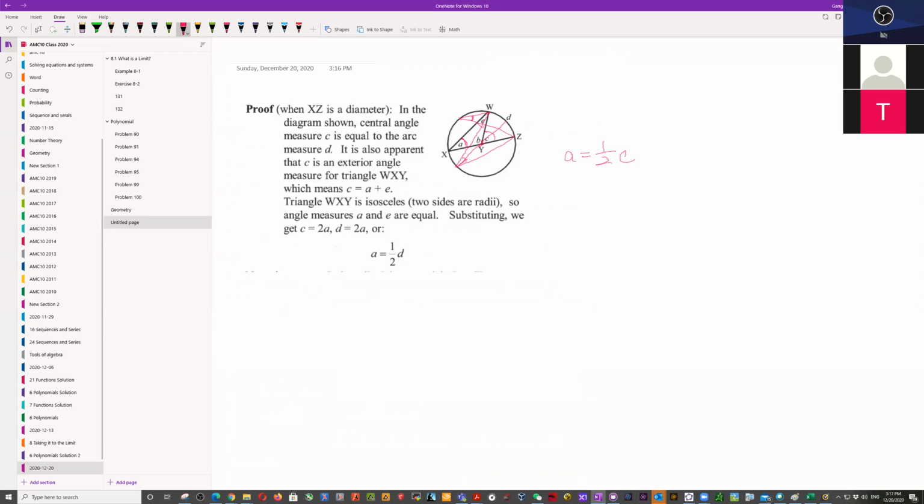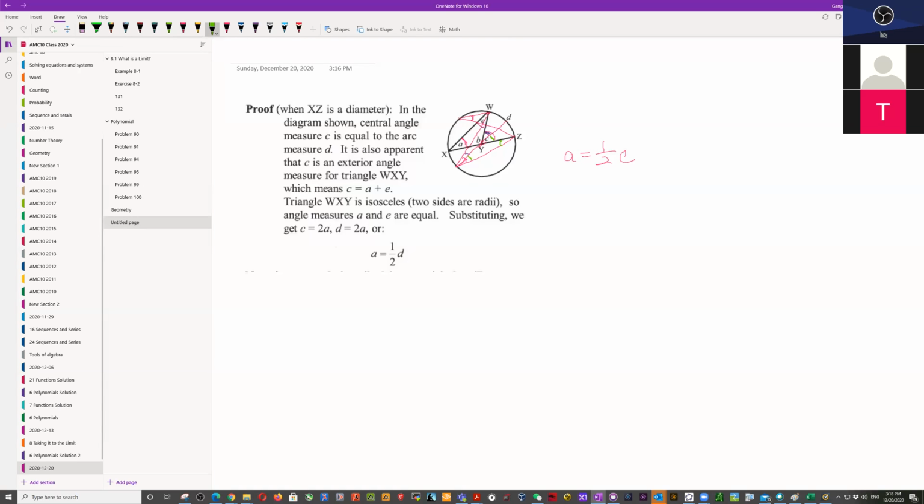Let me use a different color. This angle is actually twice this angle, because those are two interior angles, and the total of them is the same as this one. Let me use a further different color. Those two angles in this triangle add up to this one.